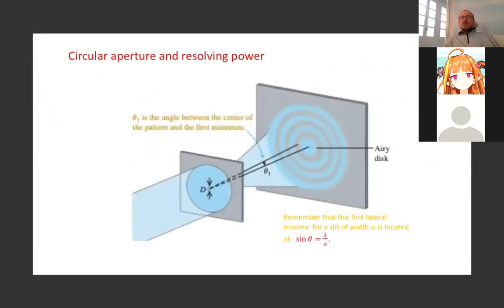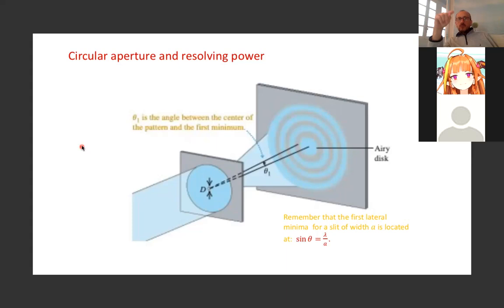Now I want to switch gears to a different problem. It also has to do with diffraction, and these are all applications. I want to mention the circular aperture resolving power. Okay, so you have in mind the diffraction from a single slit aperture.